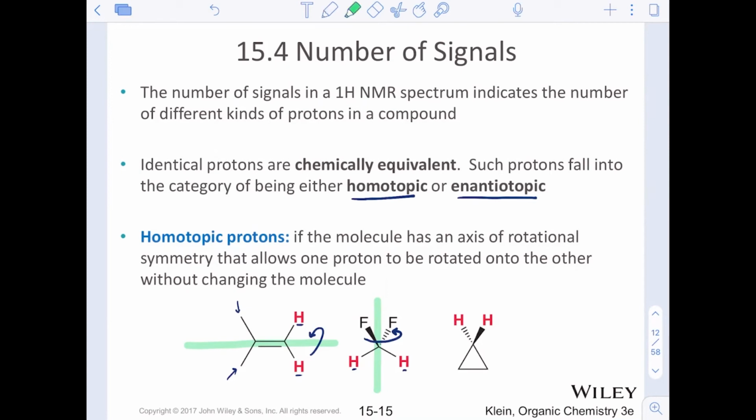Last one, plane of symmetry, kind of plane with the three-membered ring there. Even though we have a wedge and a dash, if we were to rotate around that plane of symmetry, the three-membered ring would still be in the same spot. And so the hydrogens on all three of these examples are equivalent to each other.